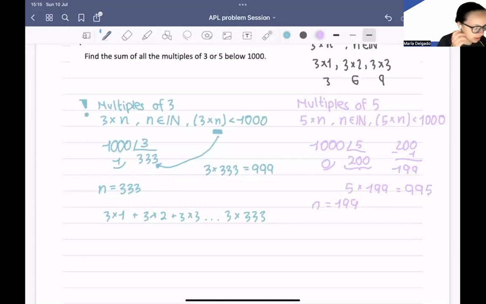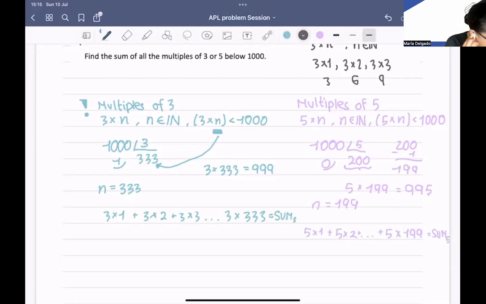And in the case of the multiples of 5, it's the same, but with n being 199. So it's 5 times 1 plus 5 times 2, etc., plus 5 times 199. This is the sum of 5, and this is the sum of 3.